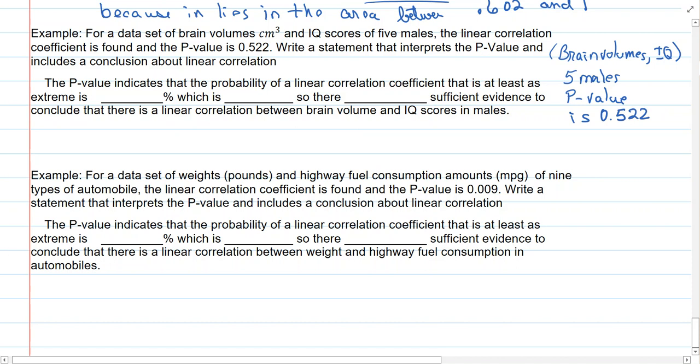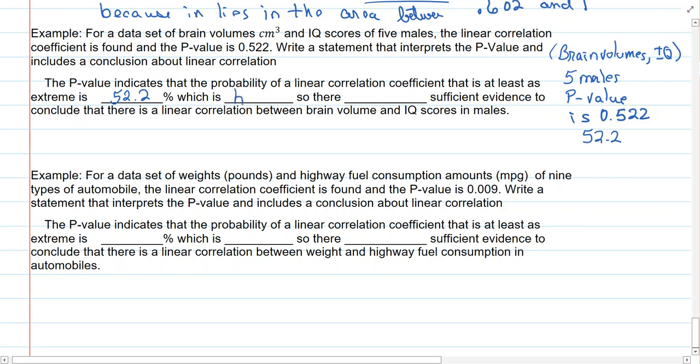Now remember, on the p-value, we have a very high p-value, right? So we're going to change it to a percent because they want it in percent. So we're talking 52 and 0.2%. The p-value indicates the probability of a linear coefficient that is at least as extreme as 52 and 0.2%, and in this case, we're saying it is high.